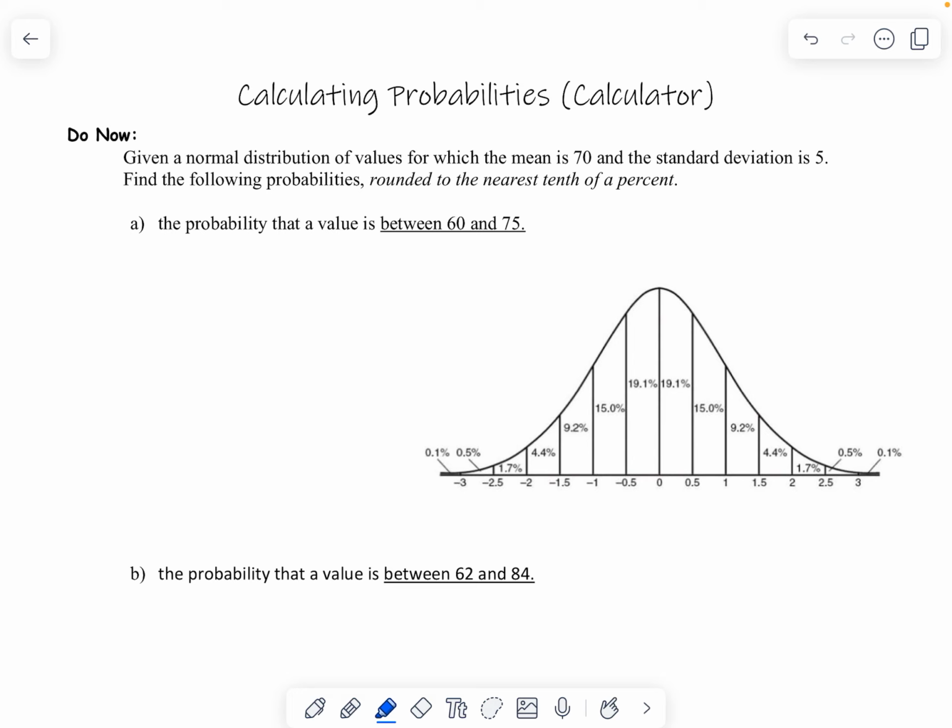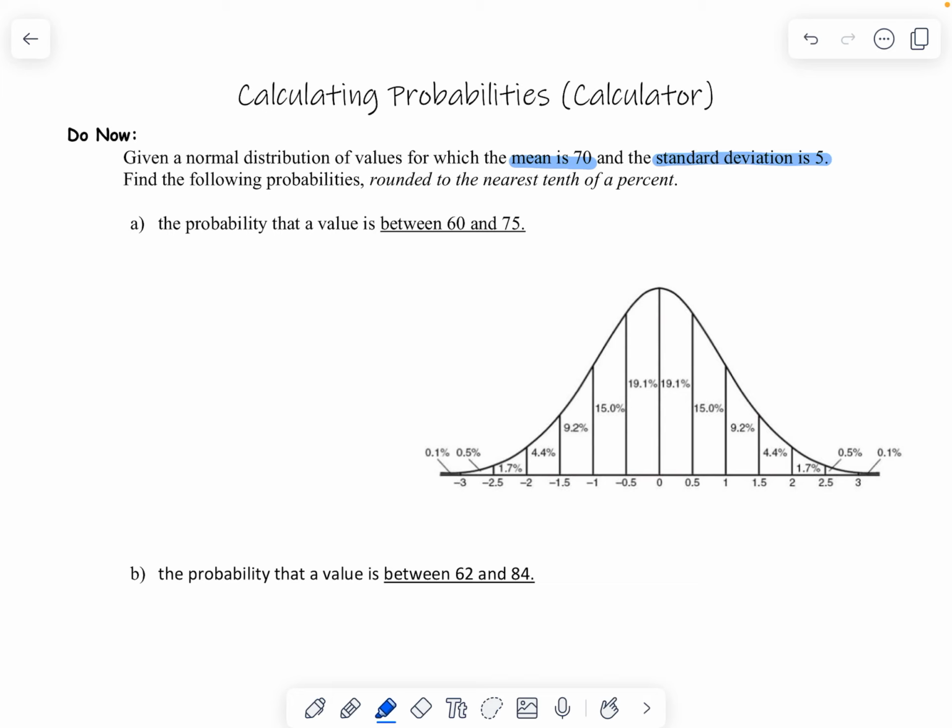The mean is 70 and the standard deviation is 5. And we're being asked to find a few different probabilities. Again, all that means is find the percent under the curve over a different set of intervals, right? So each choice here is giving us a different set of values to look between. And we're going to round to the nearest tenth of a percent for each question.